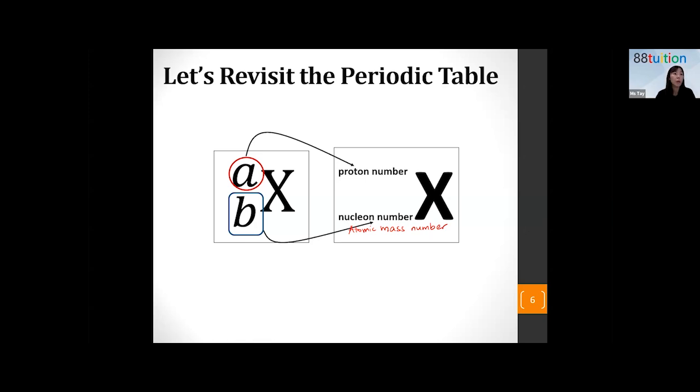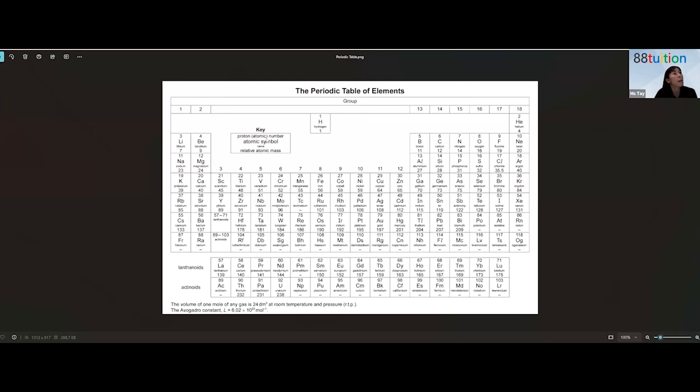If you visit the periodic table, hold on, let me open up my periodic table. You all should have one with you. Every time you look at the periodic table, there is a key. It says proton (atomic) number.